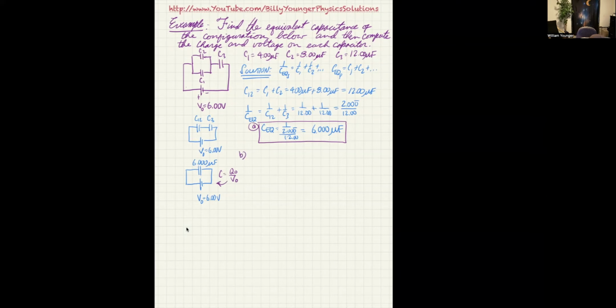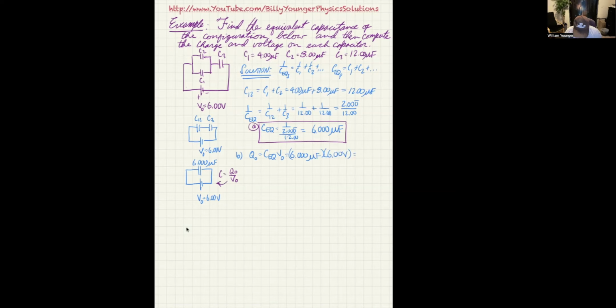I should be writing in blue again. So writing in blue again, for part B, Q0 is actually equal to C equivalent times V0, which is 6.000 microfarads times 6.00 volts.